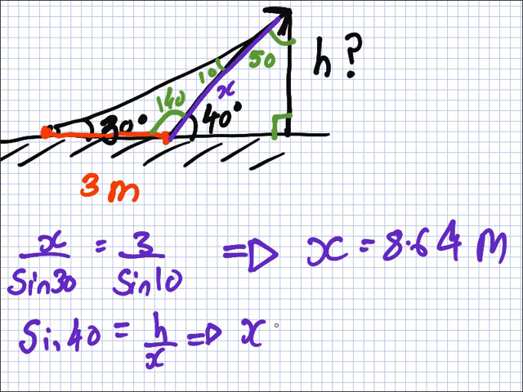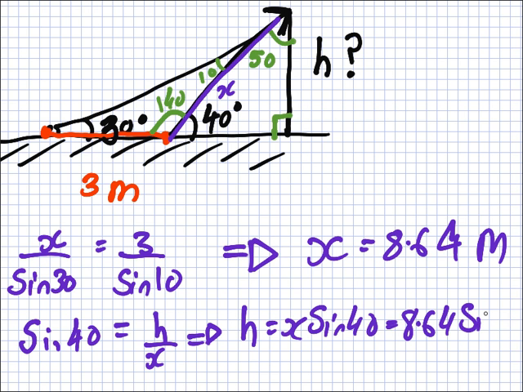So H equals X sine 40, which equals 8.64 sine 40, which is 5.55 meters. And that's the answer. Okay, write that down. That's our first example of the sine rule. Not too bad, I hope.